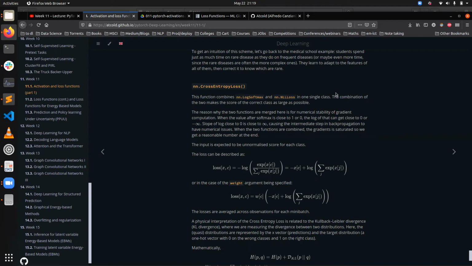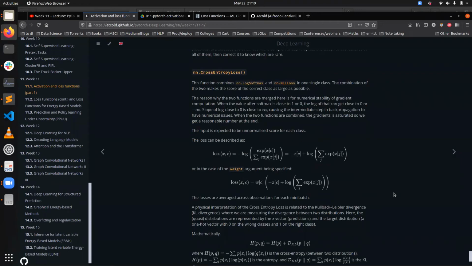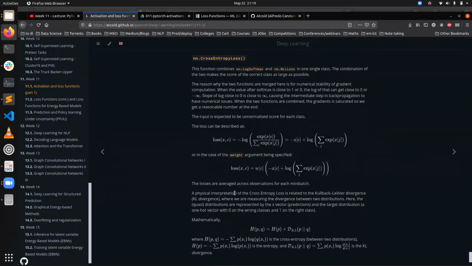So if you have 1 million, log of 1 million is 7, right? So that's the reason why we take log after softmax. Very small and very large numbers.